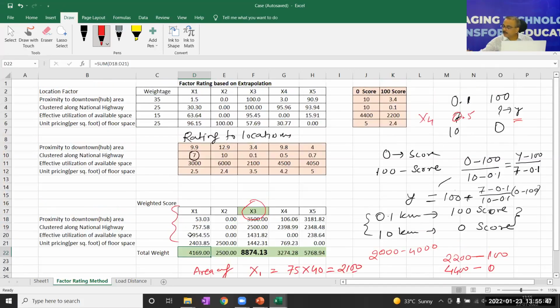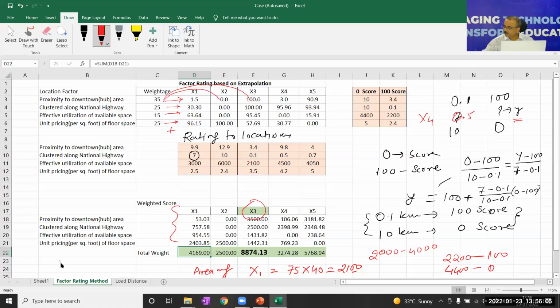So I hope you have got this, how this matrix has come. So this will be the multiplication of this, and then summation. Similarly, this with this, this with this. So all these you have to multiply and then sum up.